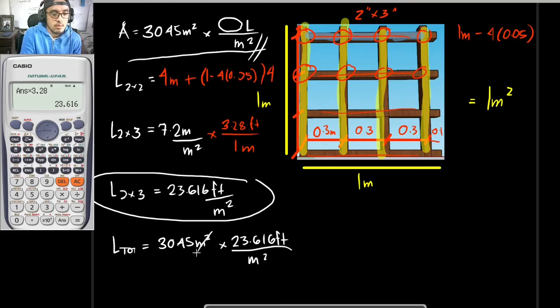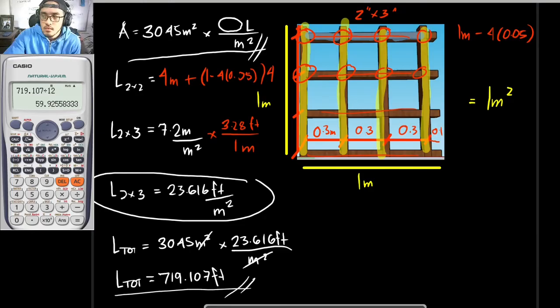The square meters would cancel out, and the total length of the wall studs that we would be needing for the whole project would be 30.45 times 23.616, which is 719.107 feet.